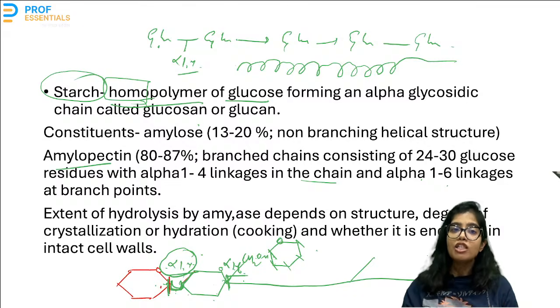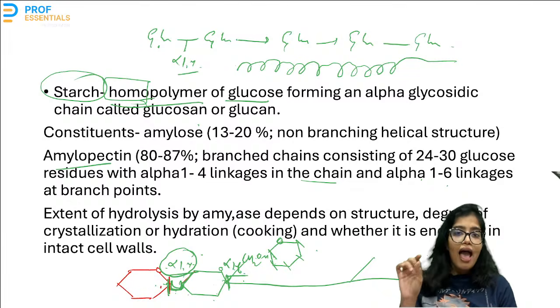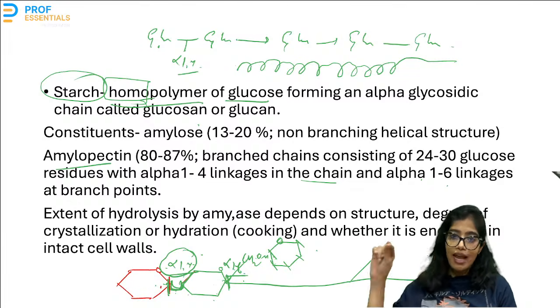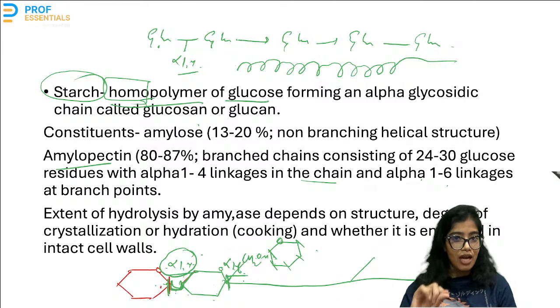Amylopectin is the branched form where the straight chains of 24 to 30 glucose residues have alpha 1,4 linkages in the chain, and there are interrupting side chains or branch points, and the branch points are formed at alpha 1,6 bonds. Understood?